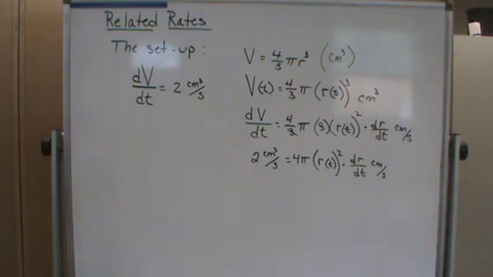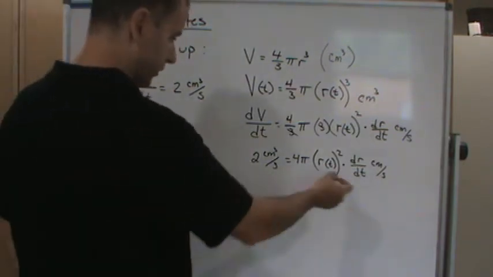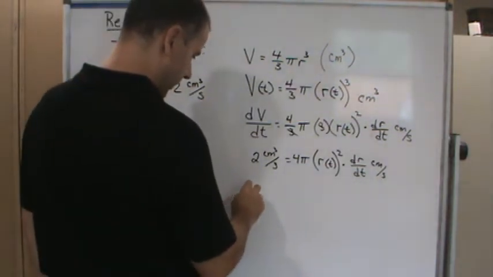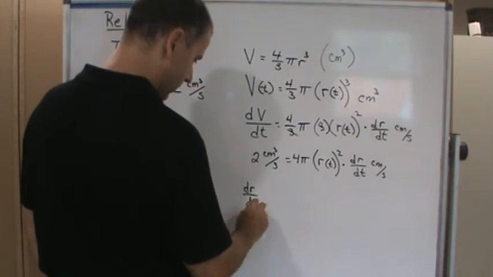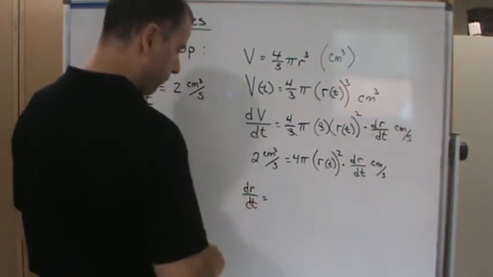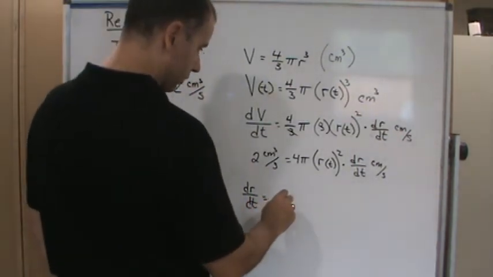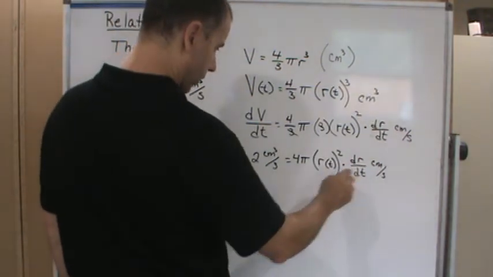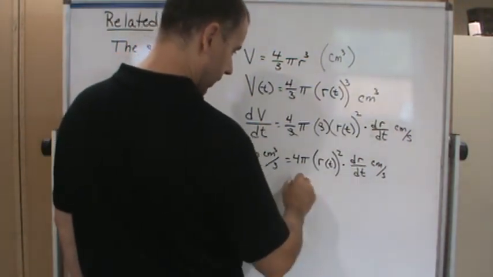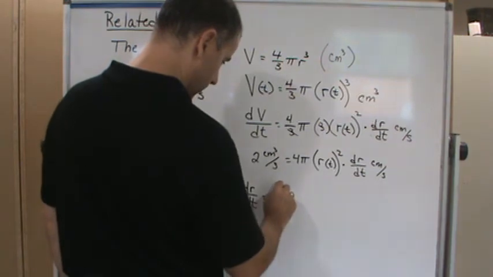And so now what we're going to do is solve for dr dt, right? That's what we're trying to find. So let's solve for dr dt. So dr dt equals, well, we're going to divide by this. So it's going to be 2.